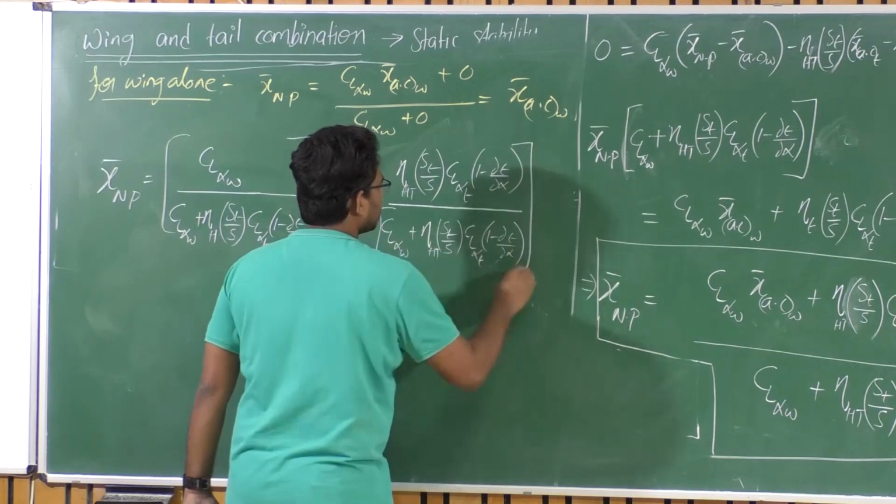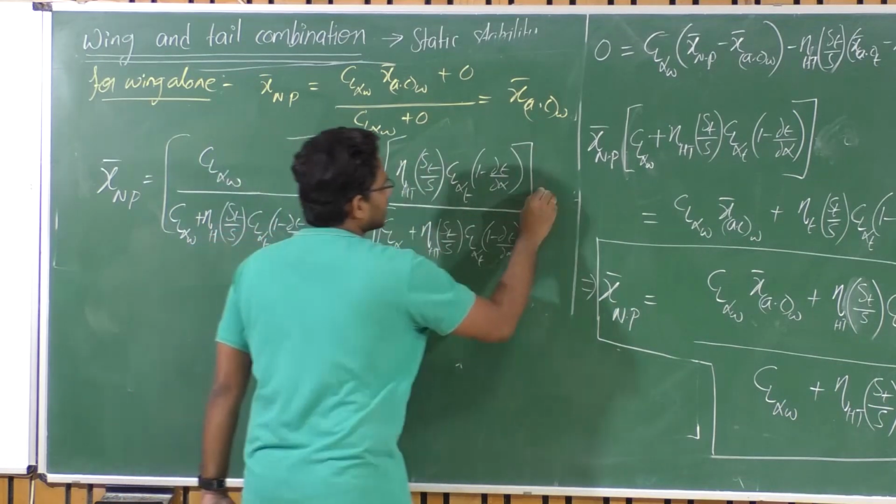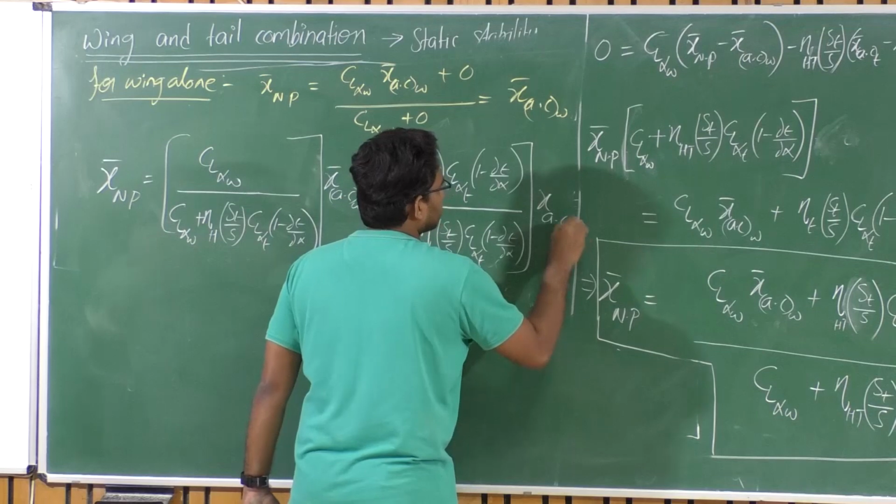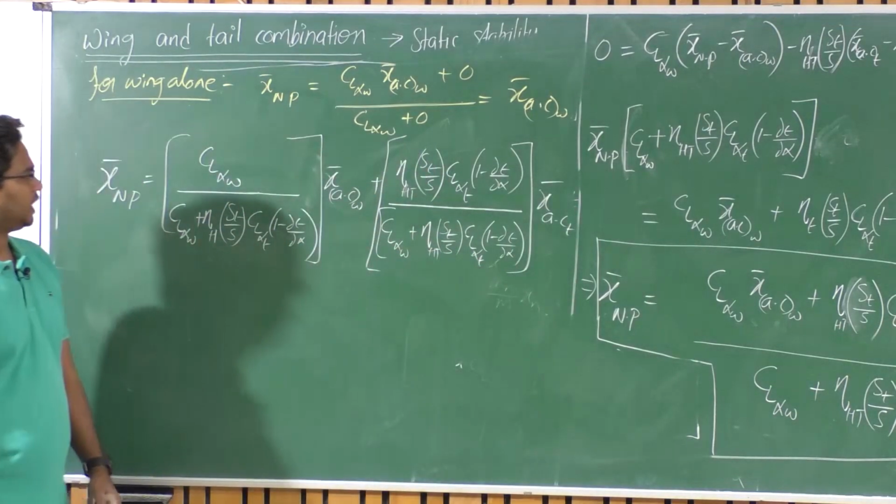Right? So this entire thing multiplied by x bar AC of tail. Am I correct or not?